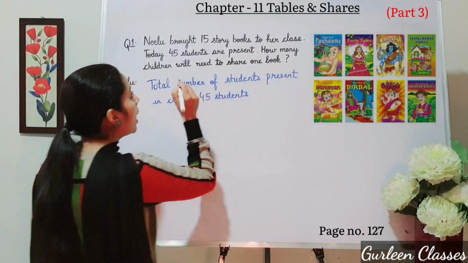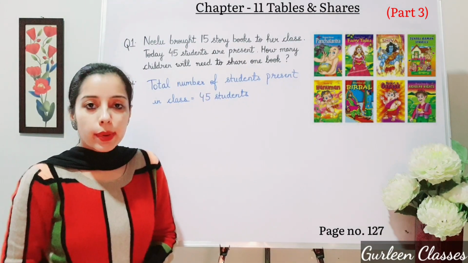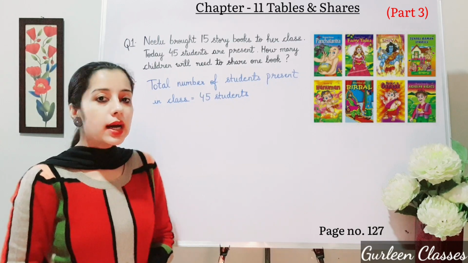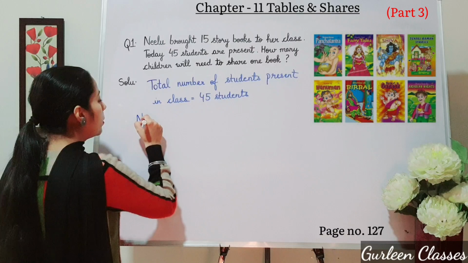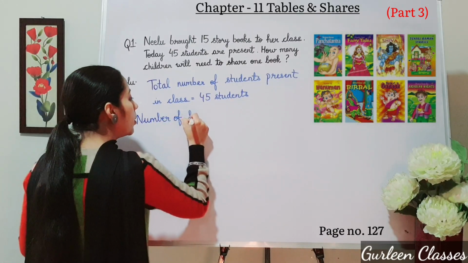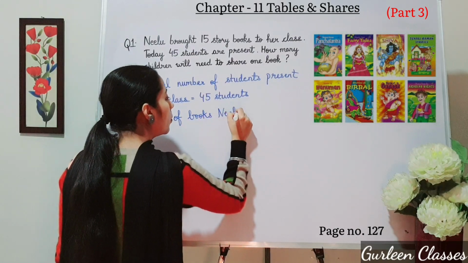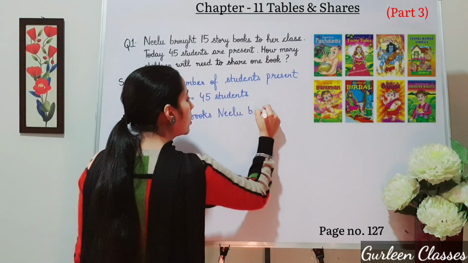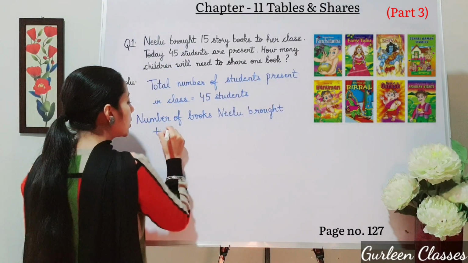Then number of books Neelu brought to her class. Number of books Neelu brought to her class is 15. So let us write here: number of books Neelu brought to her class.